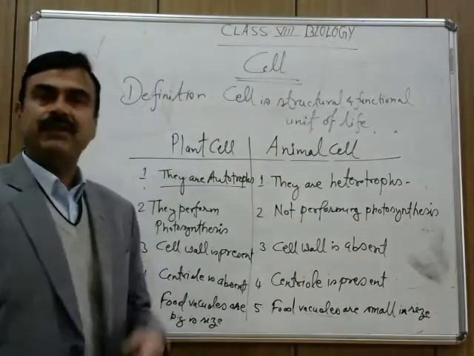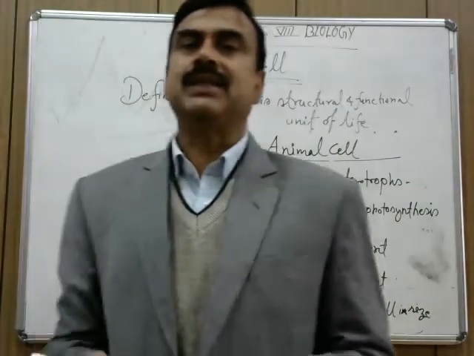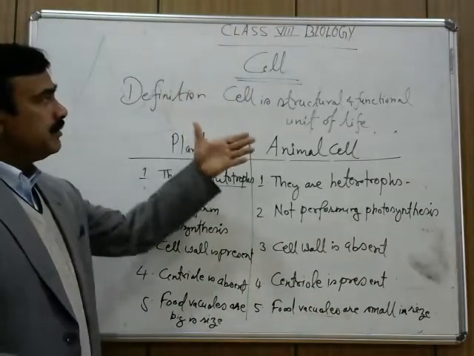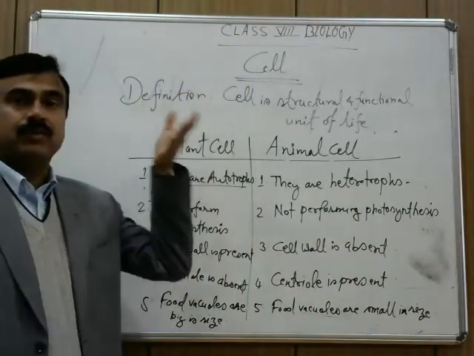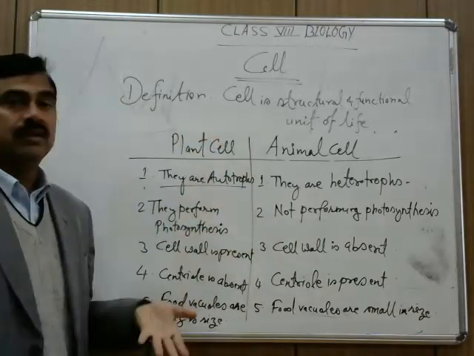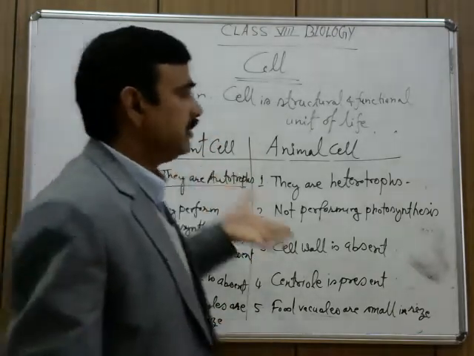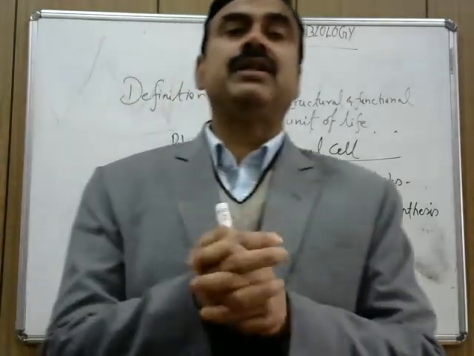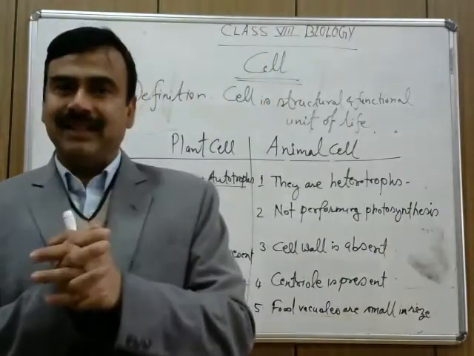So there are 5 differences between plant cell and animal cell. Okay? So when we started this topic, the new module, we had completed these 5 things. Number 1, what is the definition of cell? Number 2, what is the cell theory?